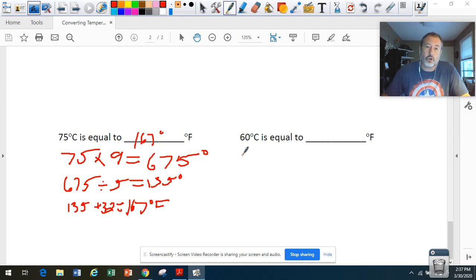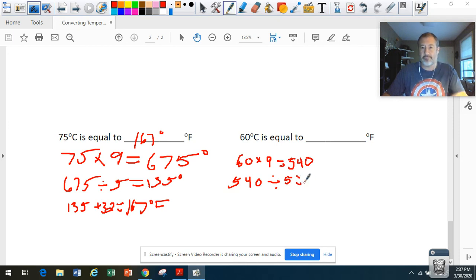First thing you did, you took your 60 times your 9. So 60 times 9 should equal 540. Very good. From there, hopefully you did 540 divided by 5, and when you divided that by 5, you should have got 108.